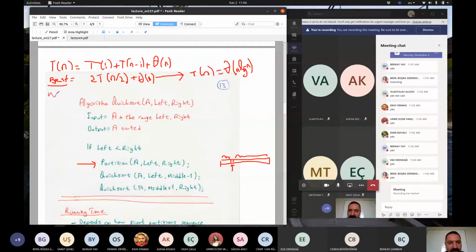For the worst case analysis, the pivot element ends up either at the left end of the sequence or at the right end of the sequence, so that the partition algorithm actually ends up with a quite unbalanced sequence.